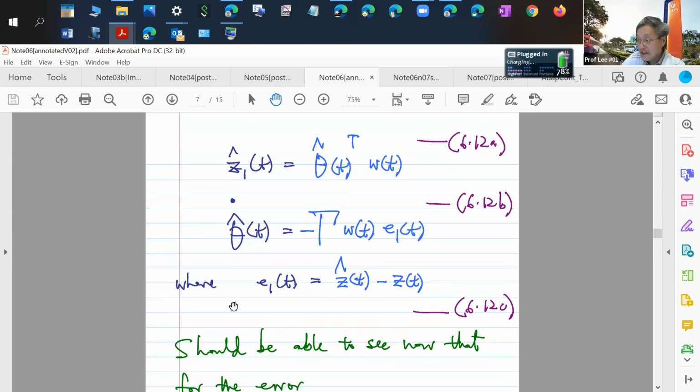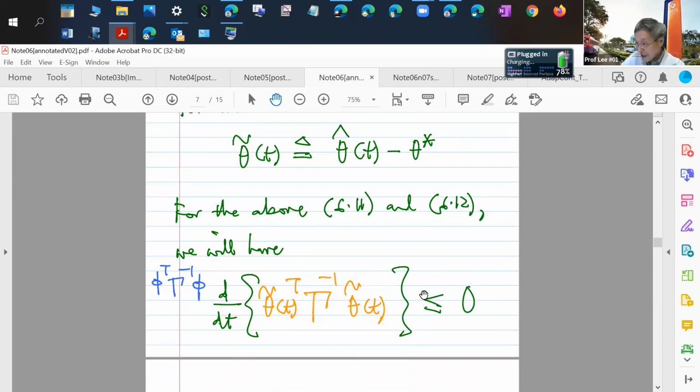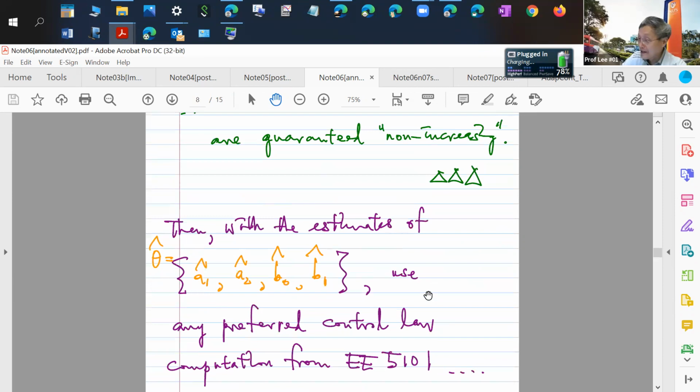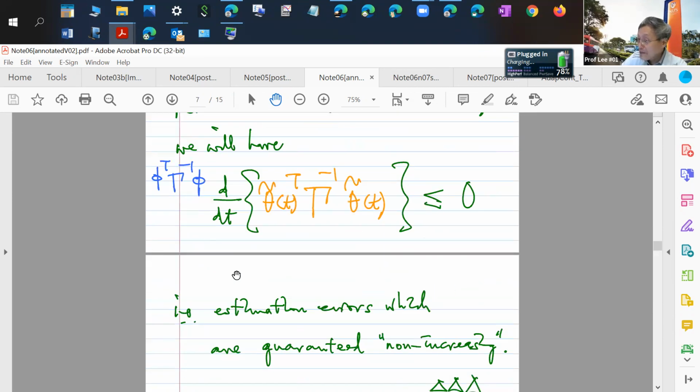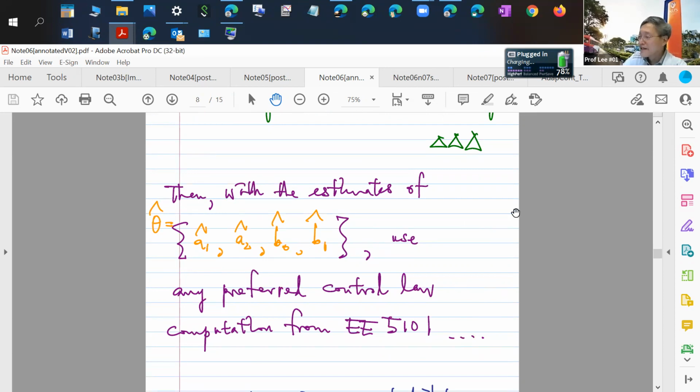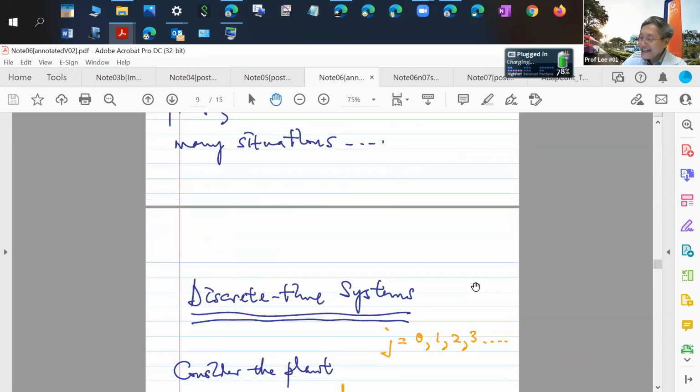You put it like that, and once you have it like that, actually you can set up a very nice stable estimator also. All right, and then once you have a stable estimator, then okay, you can go ahead. You have estimates of A1, A2, B0, B1, and once you have estimates, you can do anything you want from your 5101, from my 4302, anything.